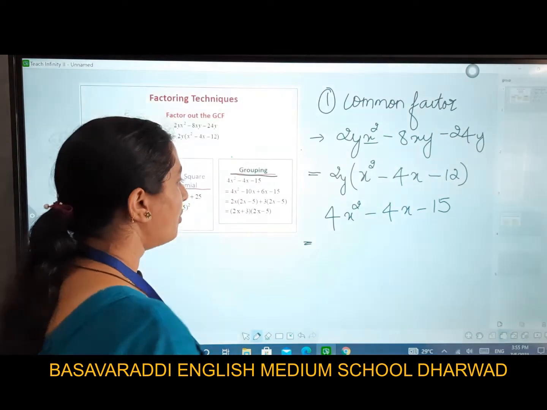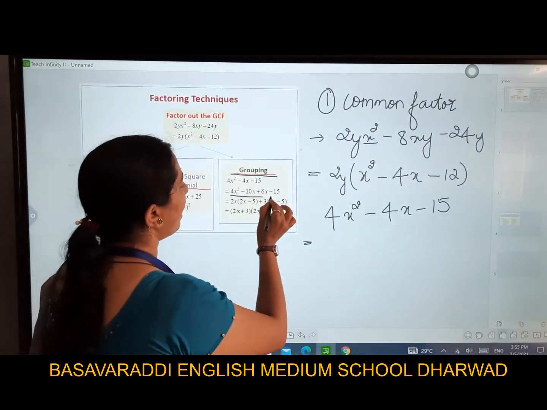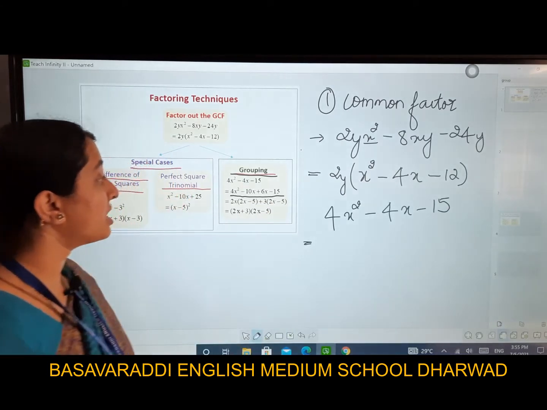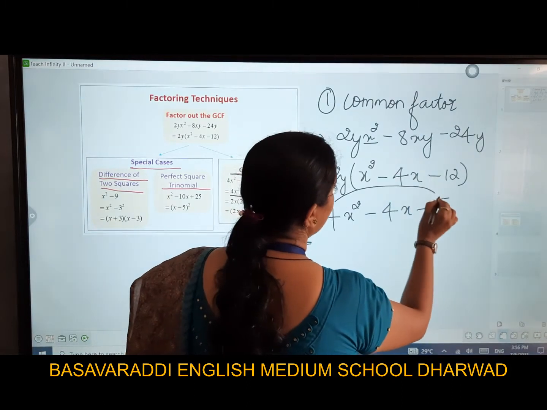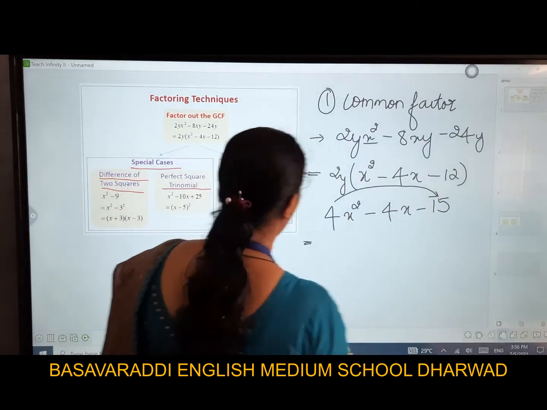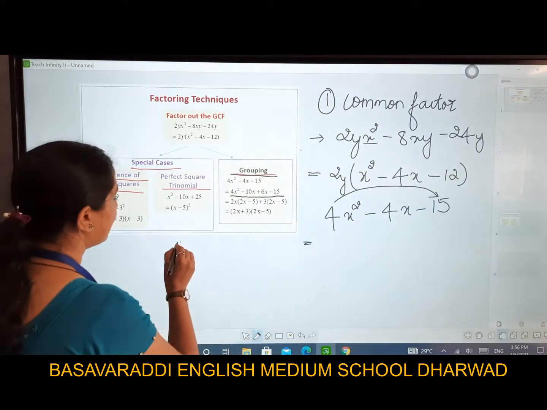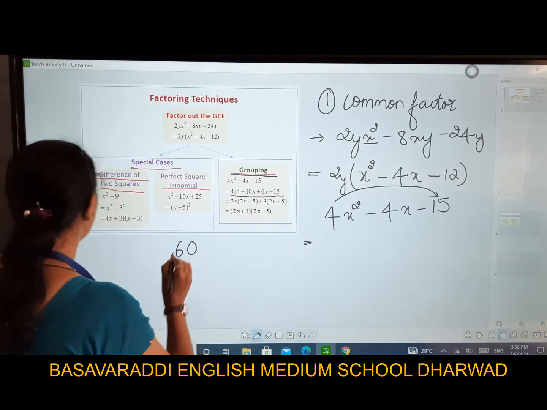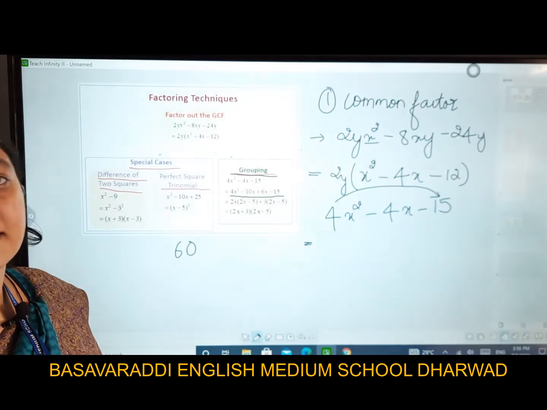Okay, now how we got this 4x square minus 10x plus 6x minus 15? It is very simple. You just have to multiply the coefficient of x square and the constant here. So 4 into 15. Yes, 15 4s are 60. You need to find 2 such numbers where we should get the answer as 60.